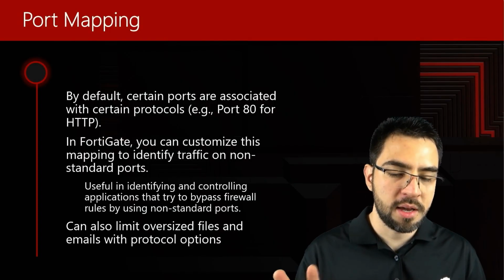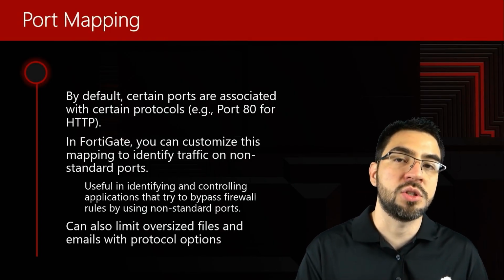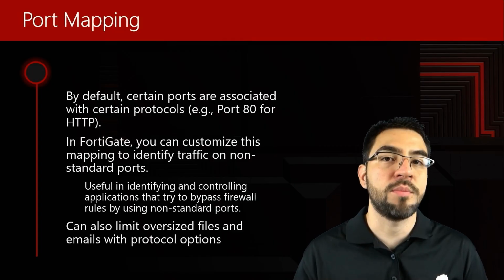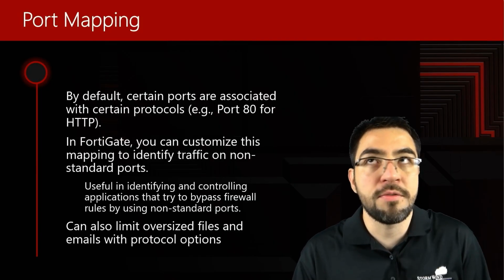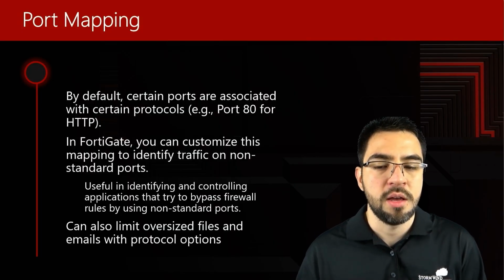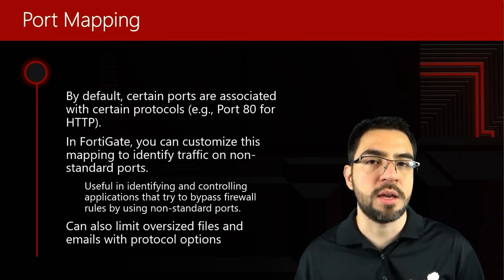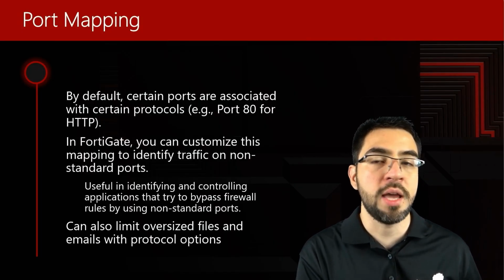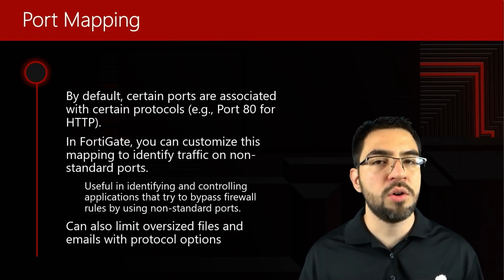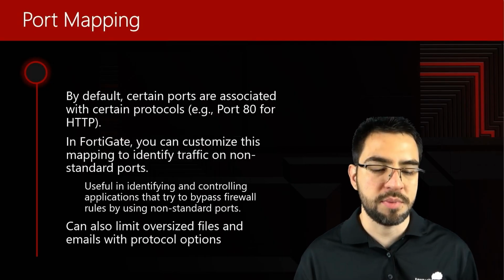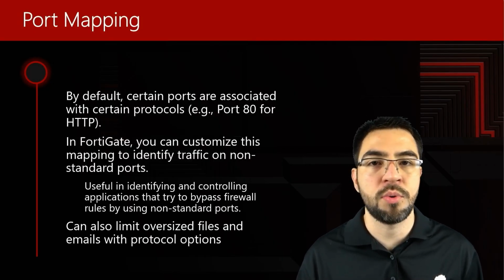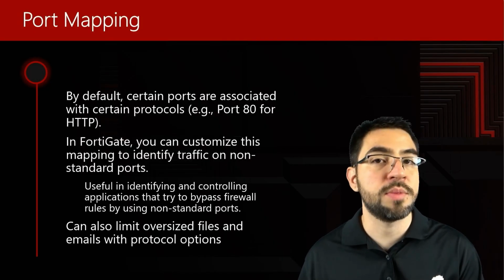The port mapping in the internet service database is utilizing this from all the default information, all the default settings, I will say. So we know that commonly web traffic is port 80 and 443, but if we have applications internally, sometimes web developers like to change that to port 8080 or something else, right?